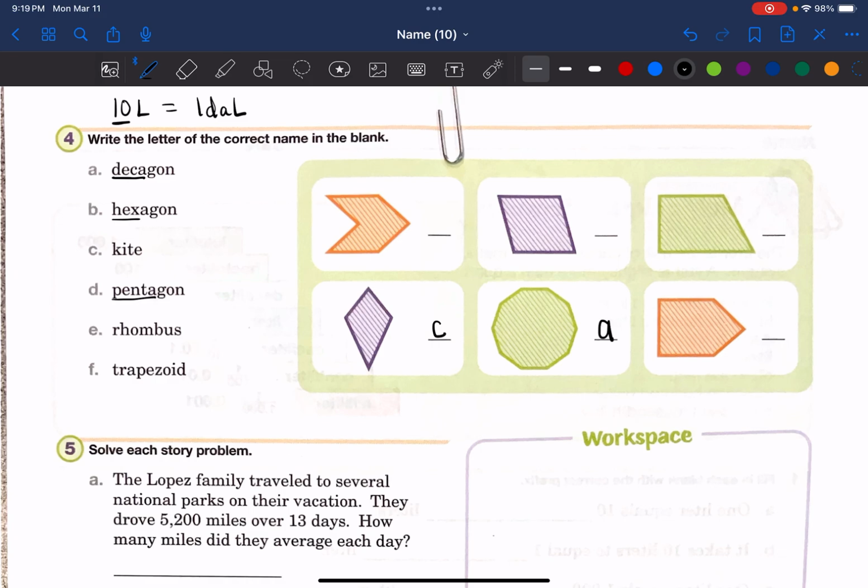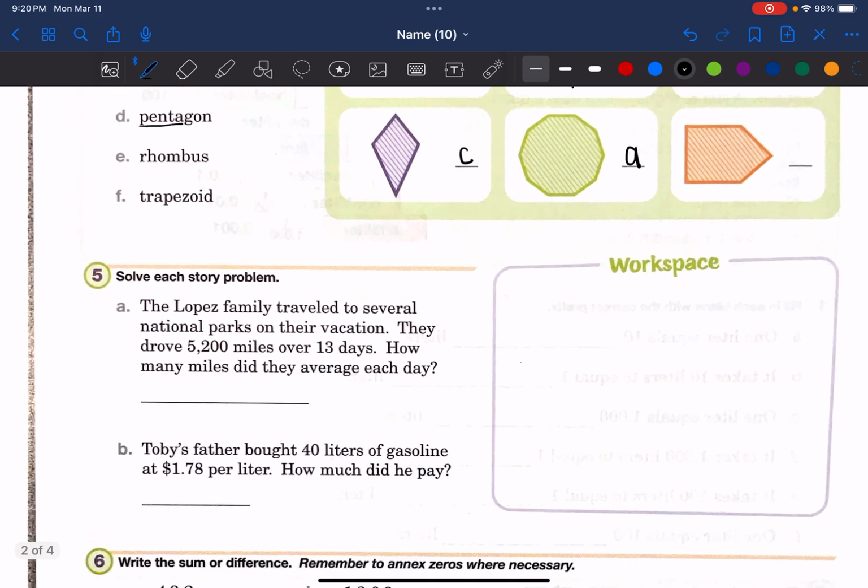Okay. Then a rhombus. A rhombus is a square that is pushed over a little. It's like the wind blew it. The only difference between a rhombus and a square, the rhombus has all four sides the same size. There are two sets of parallel lines. The only difference is it does not have a square corner. Okay? And then a trapezoid. A trapezoid has one set of parallel lines.